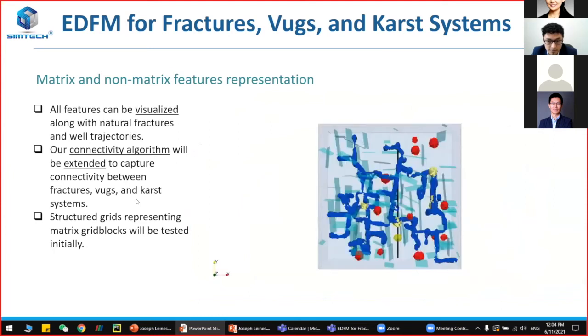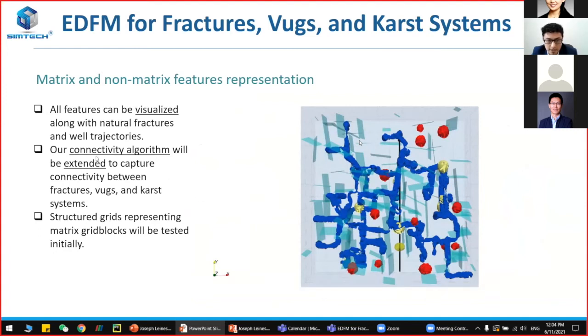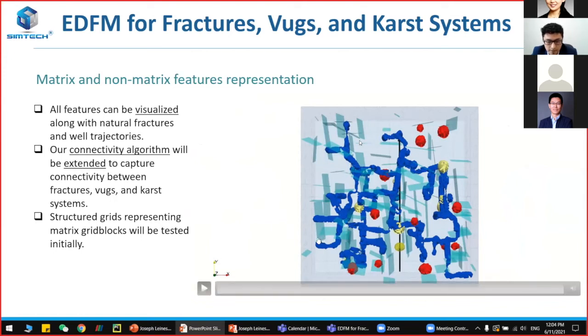This adds a tremendous value because, as we learned before from the other talks, connectivity plays a big role in the description of the flow behavior in the reservoir. So we will extend this current connectivity algorithm, and in that way we can better represent all those interactions happening in the reservoir.